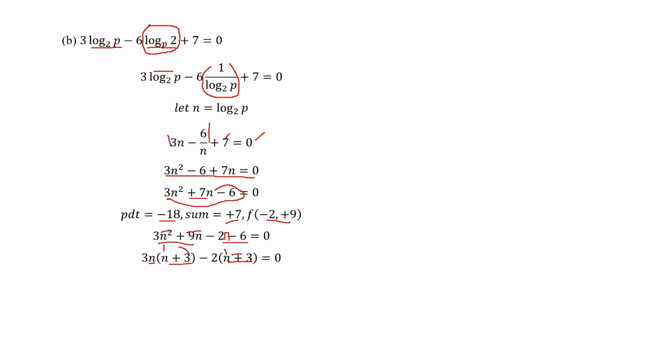So factorizing further, we shall have 3n minus 2 into n plus 3 is equal to 0. Then we begin from there, that one part is equal to 0, that is 3n minus 2 is equal to 0.